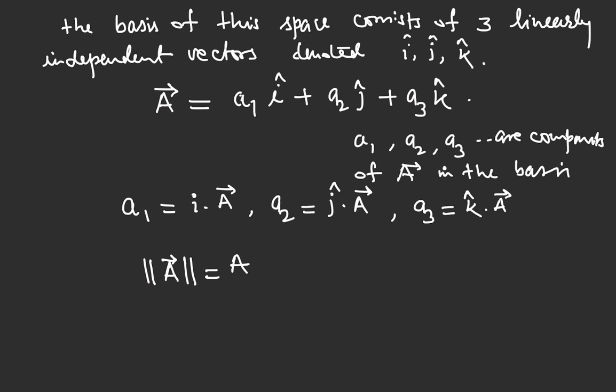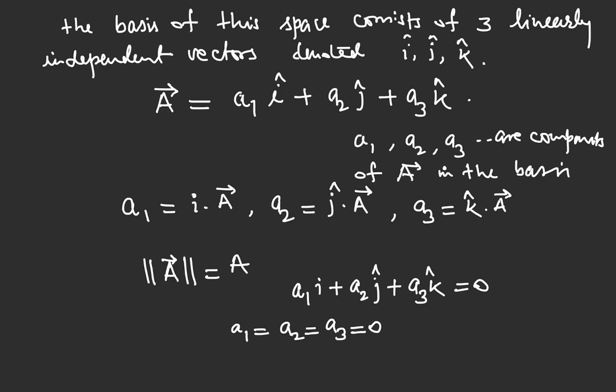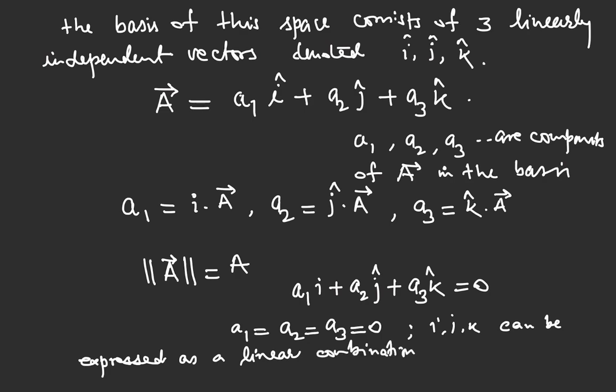Also it is to be noted that whenever A1 i plus A2 j plus A3 k is equal to 0, we have A1 equals A2 equals A3 equals 0, and in that case none of the unit vectors i, j, k can be expressed as a linear combination of the other two.